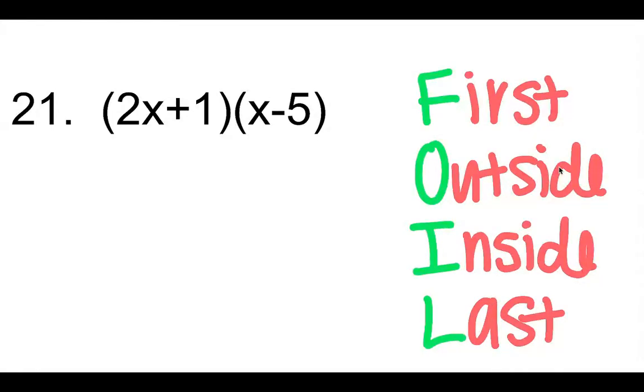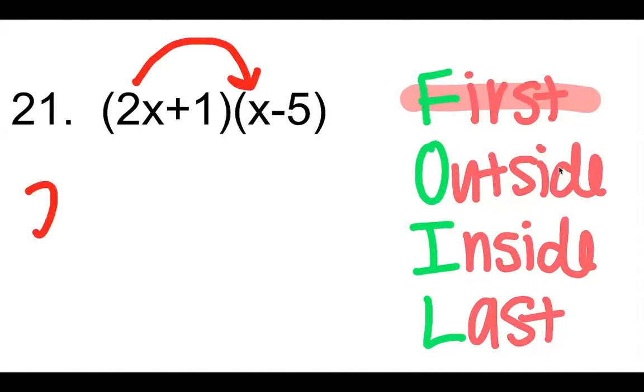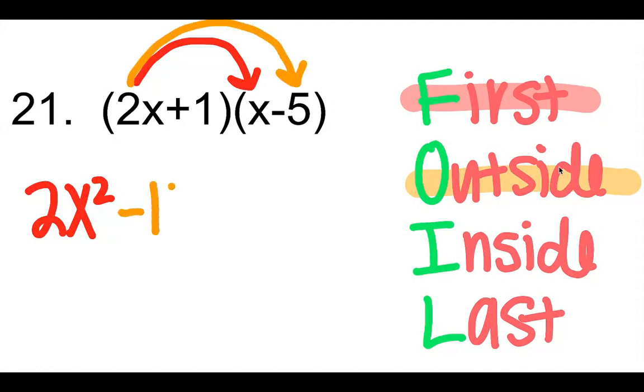So first is 2x times x, which is 2x squared. Outside is 2x times negative 5, which is negative 10x.